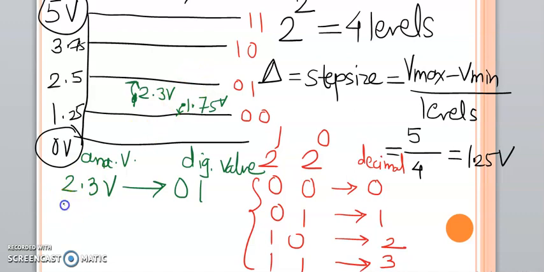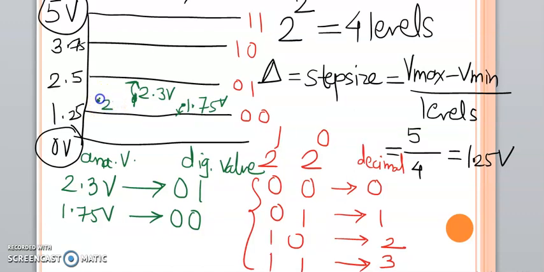So here 1.75 volt will be converted to 0 0. Now let us take a third example, 2 volt. Suppose the analog voltage is 2 volt. So again 2 volt will also be converted to 0 0.